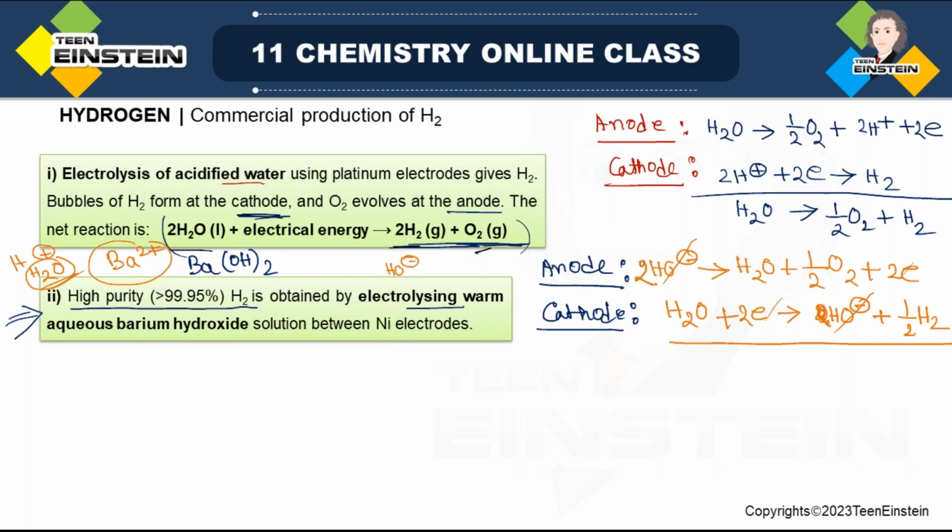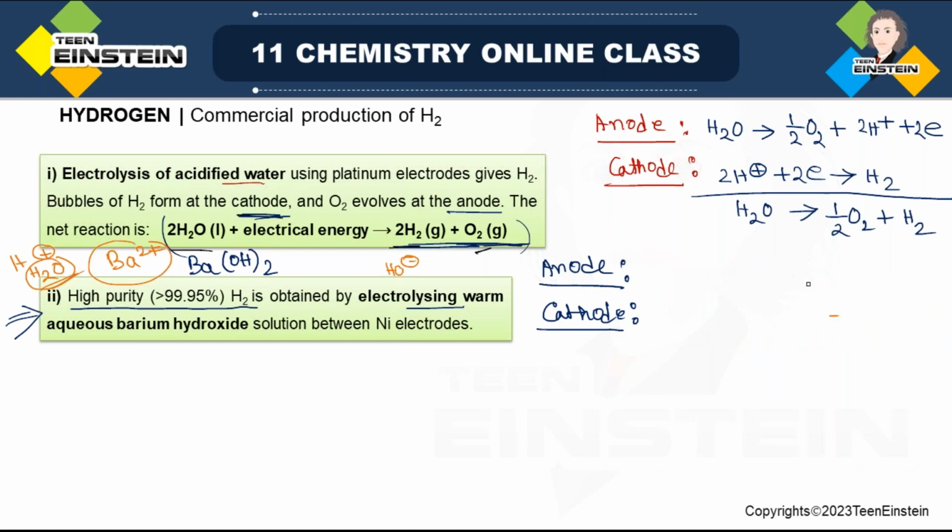So it is 2HO minus, let me write it freshly. Hydroxide ion, there will be electron release from this.